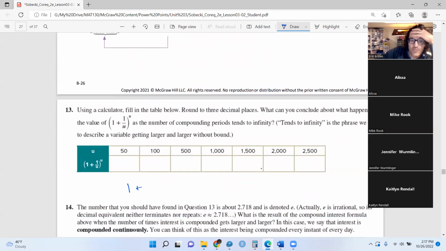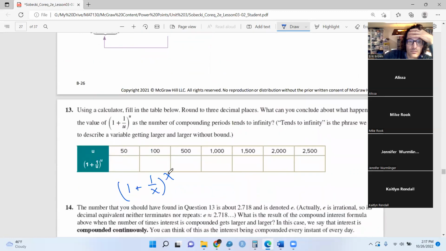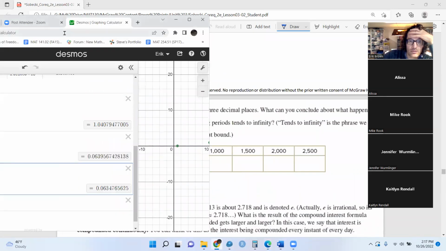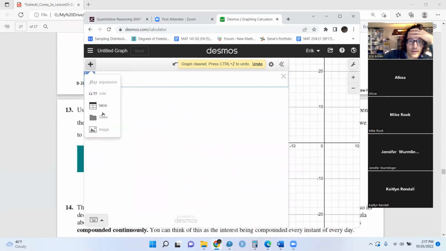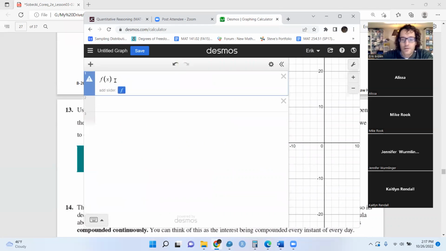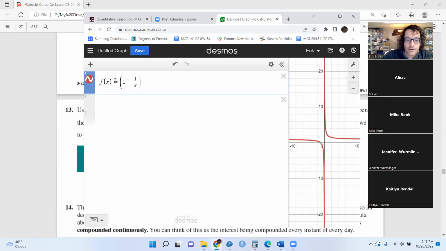What I'm going to do is in Desmos, I'm going to type 1 plus 1 over x to the x power, right? And we're just going to see what happens to this. So we'll jump into Desmos, and I think it's time for a new graph. So I'm going to get a new blank graph, and we'll start with our expression f of x equals 1 plus 1 divided by x raised to the x power.